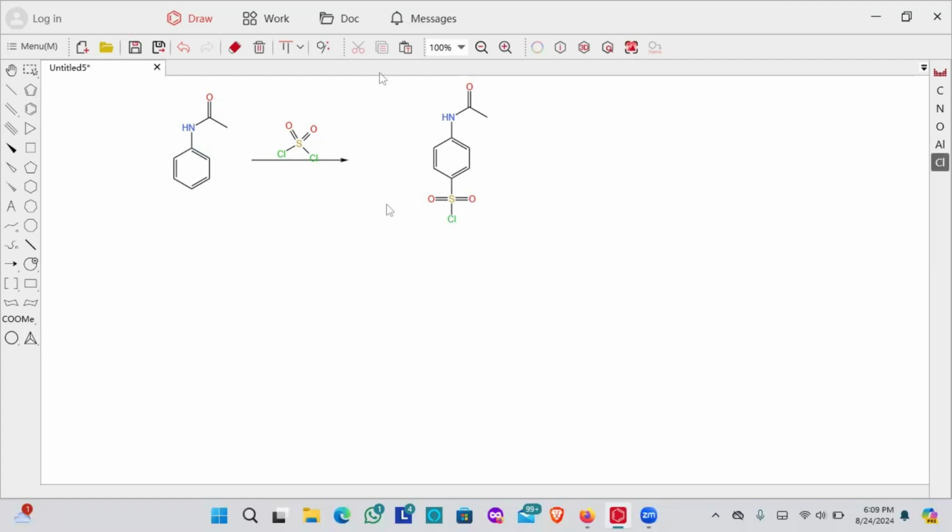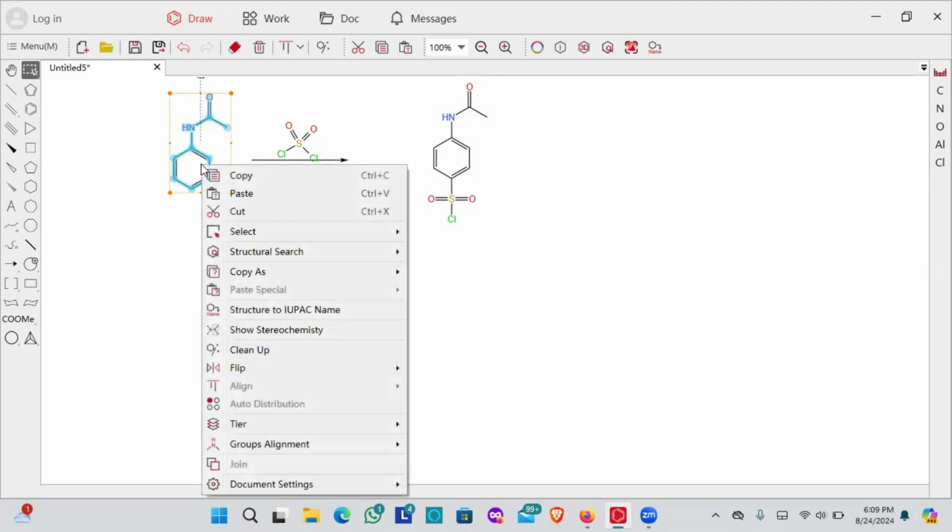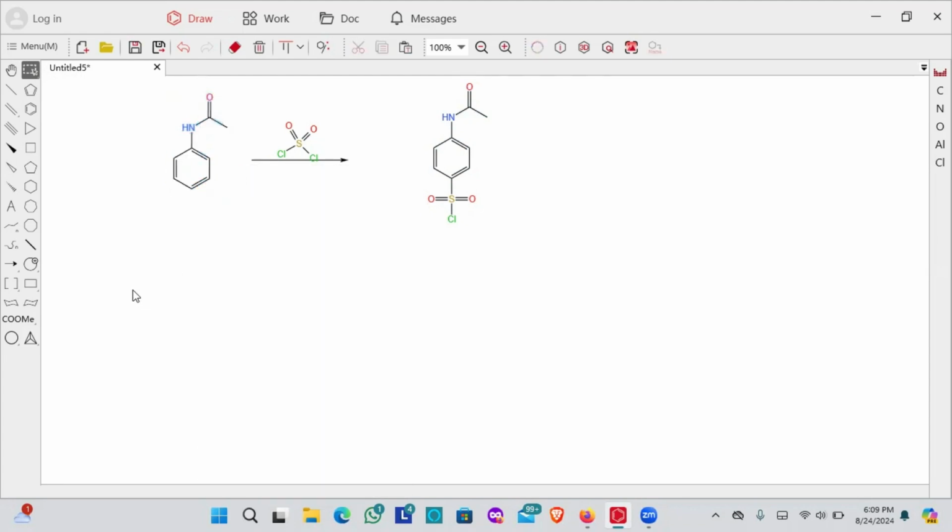Okay, so this is what we're going to end up with. So let's show the mechanism of how this is going to occur. We're going to start by taking a copy of this, put it down here, and we'll show the mechanism.